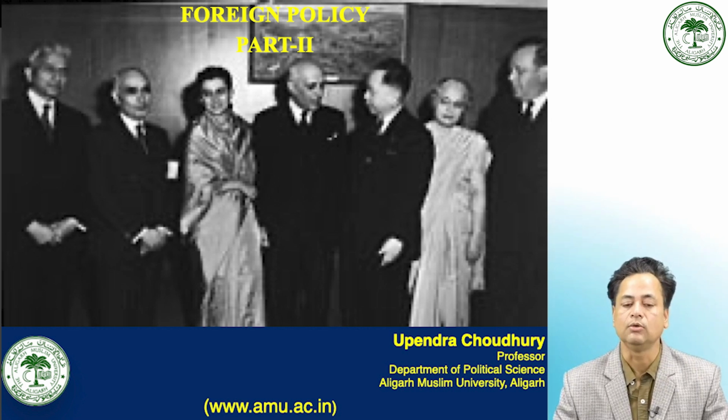In this class, we will discuss the determinants of foreign policy, or the factors that influence and shape a state's decisions and actions in international relations, as understanding them is essential for analyzing how states navigate the complexities of global affairs and pursue their interest and objective in the international arena.